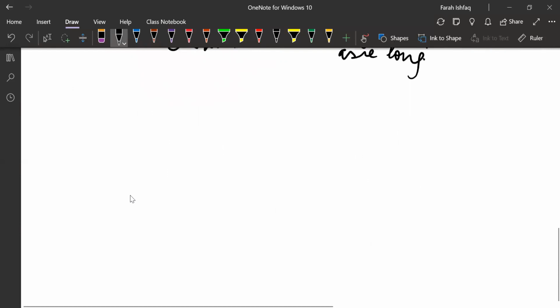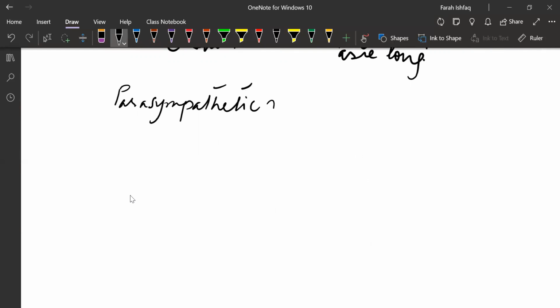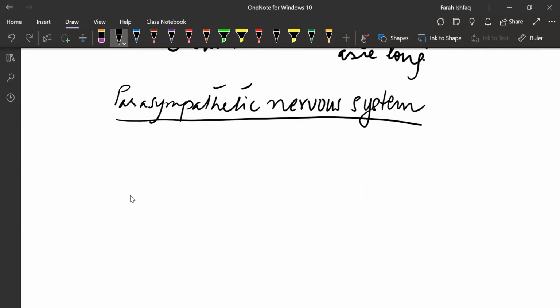Now, in the parasympathetic nervous system, these are the preganglionic fibers located in the brainstem and the sacral segments, and this is the organ.